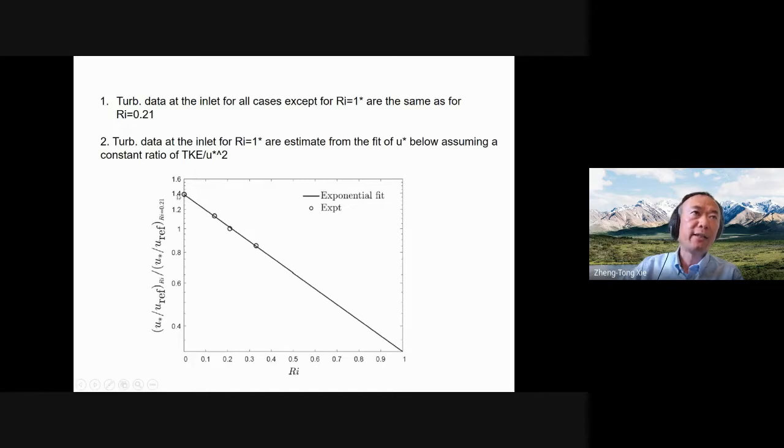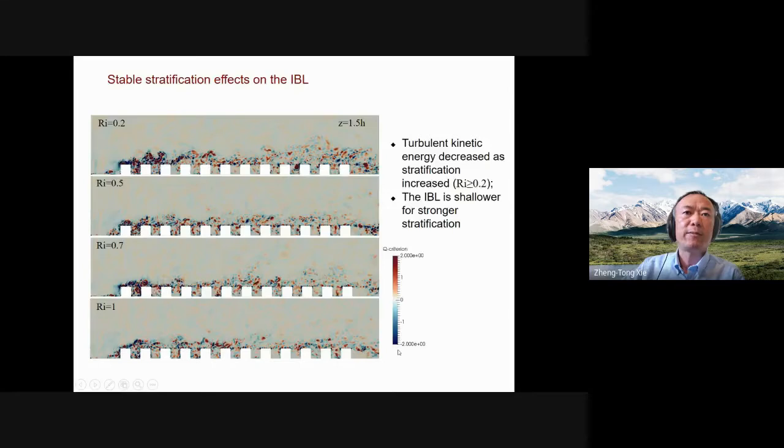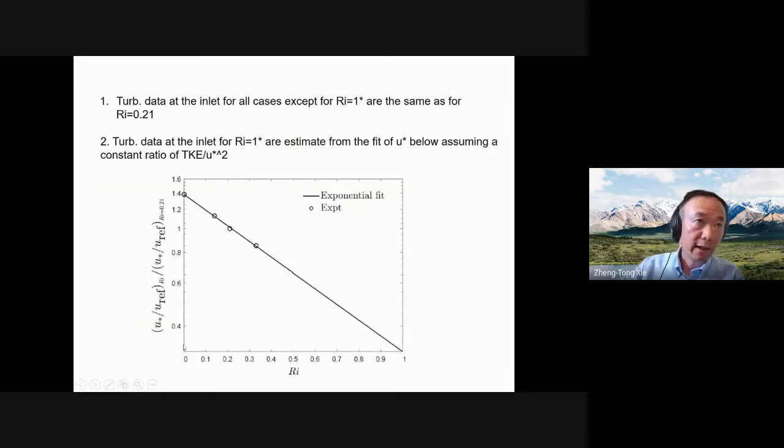If we plot this in log scale, you can see U star decays more or less exponentially with the Richardson number. At Richardson number 1, we can estimate U star is this value, somewhere 0.3 something.